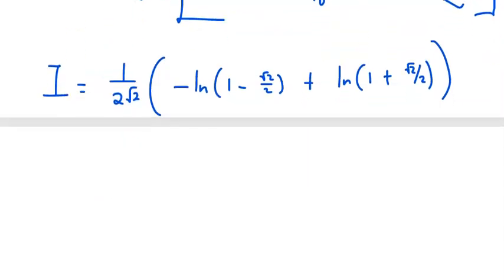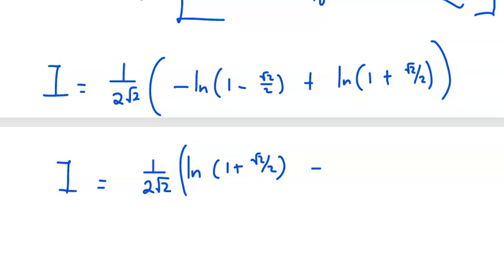Now we're going to write this as I is equal to 1 over 2 root 2 times the natural log of 1 plus root 2 by 2 minus the natural log of 1 minus root 2 by 2.